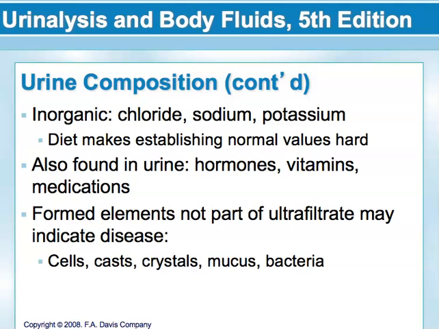Other substances found in urine include hormones, vitamins, and medications. Urine can also contain other formed elements that are not a part of the original plasma filtrate, including cells, casts, crystals, mucus, and bacteria. Increased amounts of these elements often indicate disease.